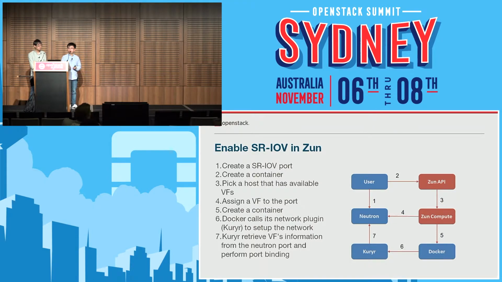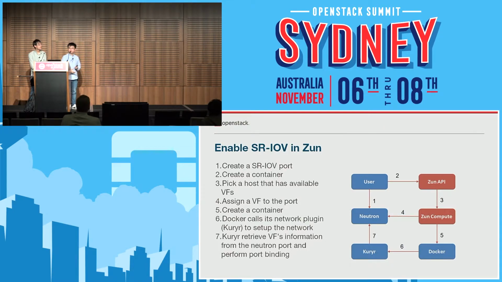Zun will figure out the port is an SR-IOV port and schedule it to a host that has the VF. In Zun Compute, we assign a VF to the Neutron port and update the Neutron port to write down the information of the VF, such as the address. Then we call the Docker API to create the container.